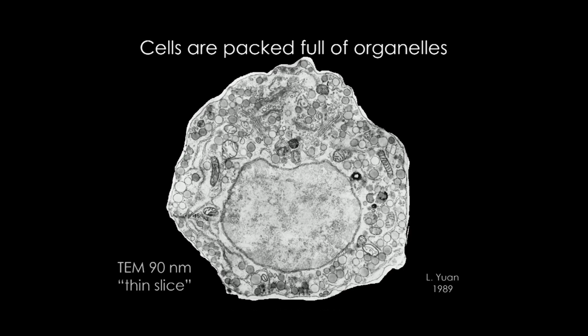So in order for us to really get, I think, at this neurodegenerative aspect of the brain and how it ages and deteriorates, we need to understand how these organelles that comprise the cellular components, which is the unit of the whole system of the brain, are organized. So this is a classic transmission electron micrograph, a 90 nanometer slice through a cell to really reinforce the complexity of these organelles.